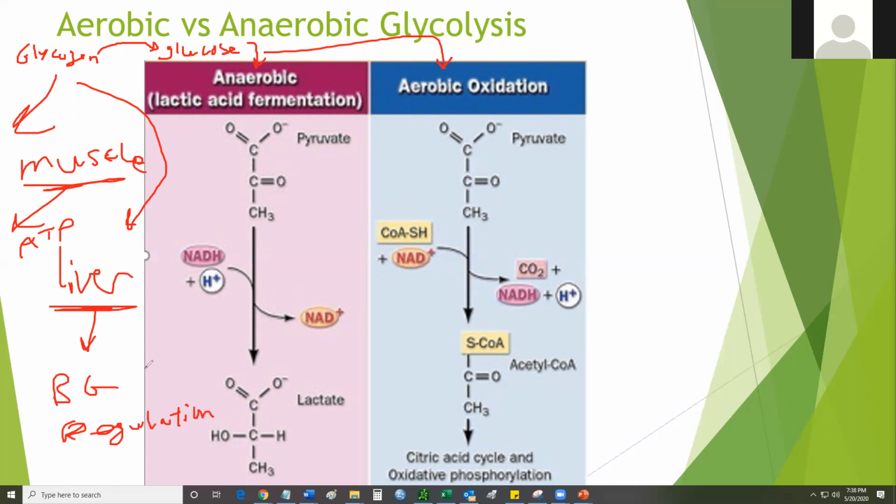One of the hormones we'll talk about when we get into our unit on the endocrine system is called glucagon. When glucagon is present, your body says that you have low levels of blood glucose and we need to release more glycogen to raise our blood glucose levels. So glucagon signals to the liver to release glycogen, which then gets converted into blood glucose to regulate our blood glucose levels.